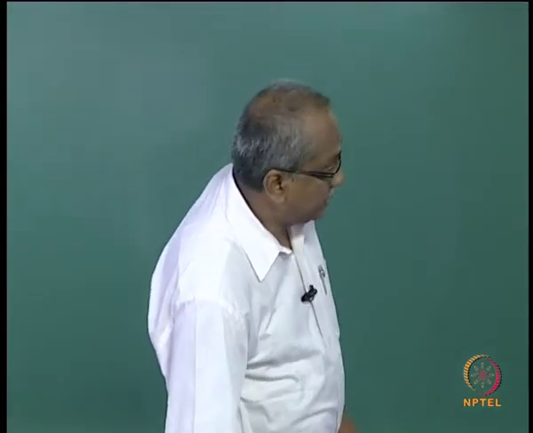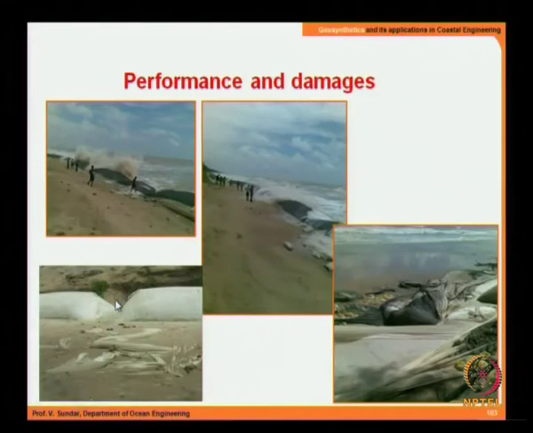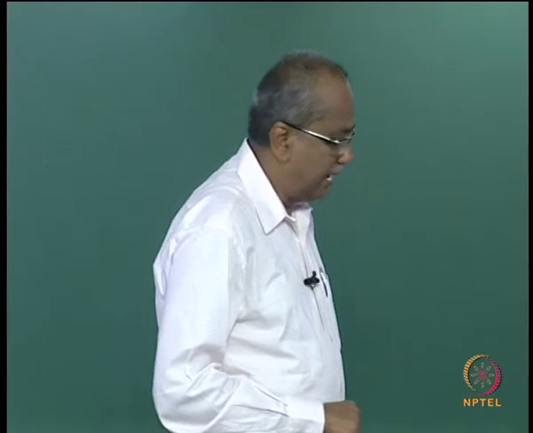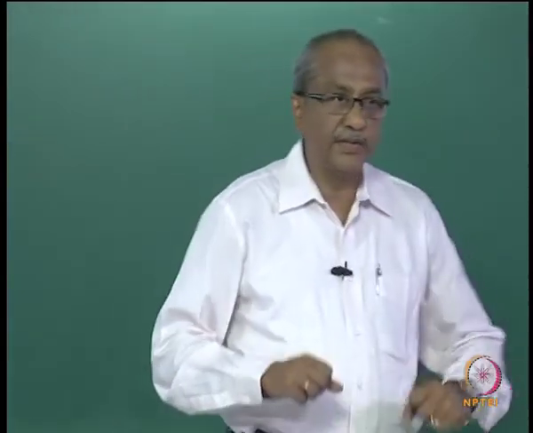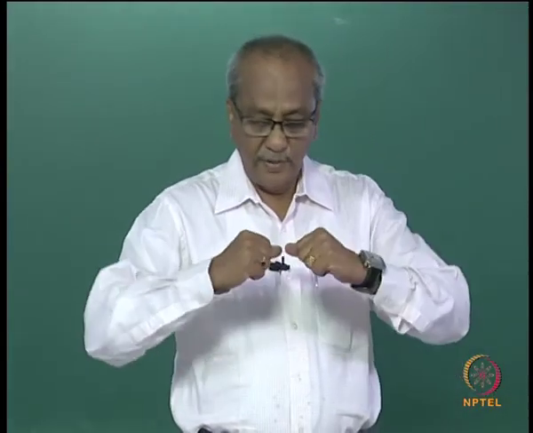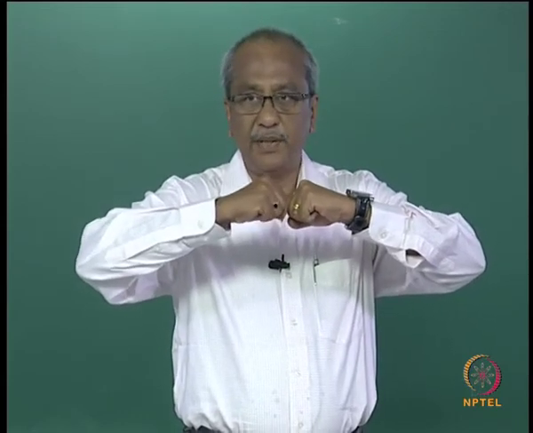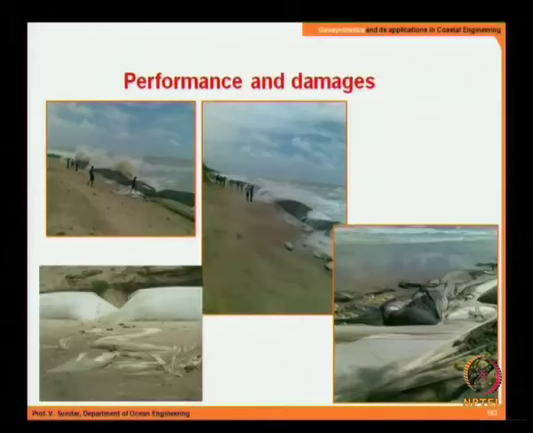But see, as I told you in one of the lectures earlier, see this gap, that is placing of the geotube, so it needs a lot of skilled labor, and also kind of dedication is needed. So when you are placing two geotubes like this, look at the gap. So this is what happened.